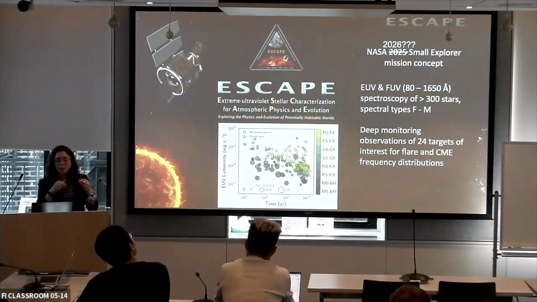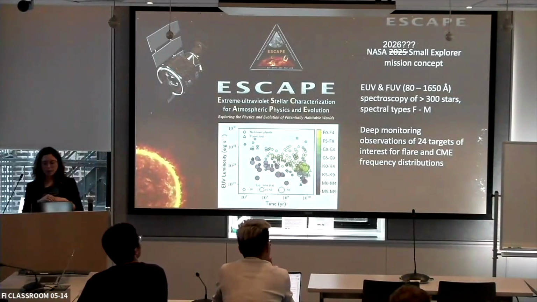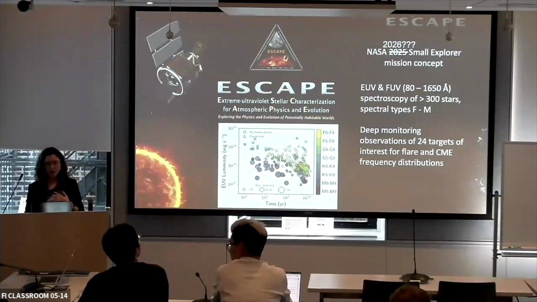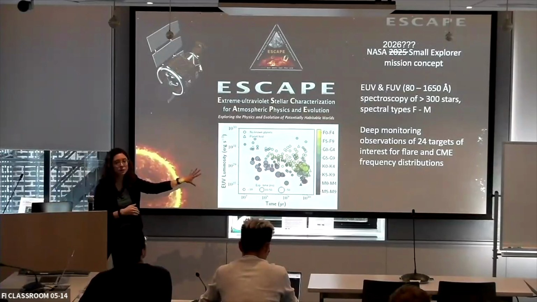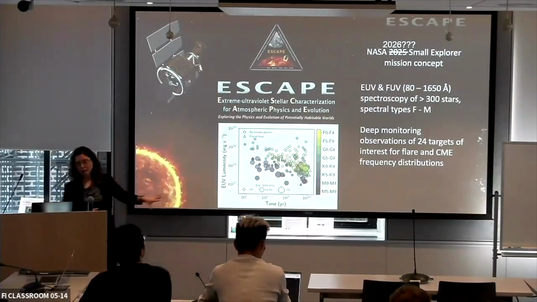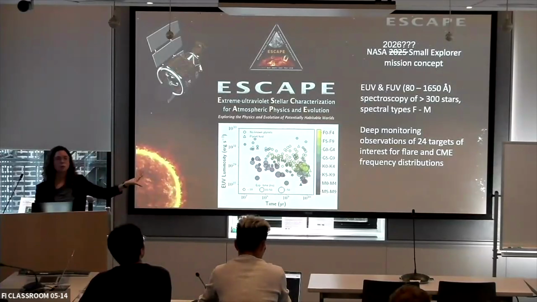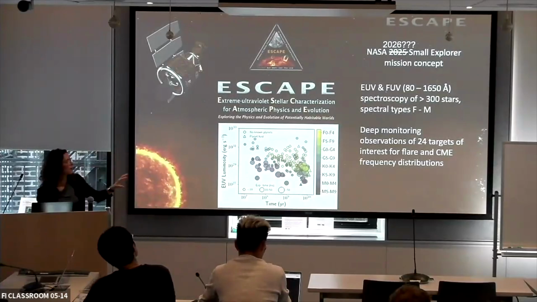There's also going to be a deep monitoring component to this survey that's going to take 24 targets, including some M dwarfs of interest, and really spend a lot of time staring at them. The idea is to look for flares and coronal mass ejections. So this is the statistics we need for the M dwarf side. Unfortunately, we might not get it very soon, but this is a doable concept.